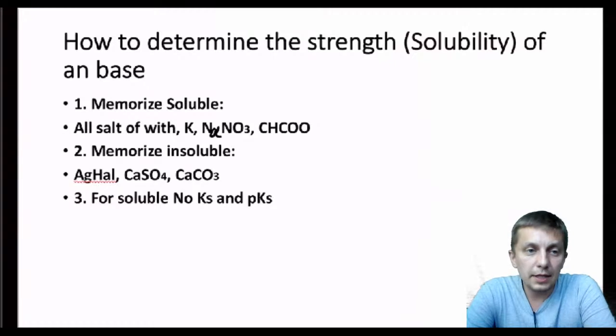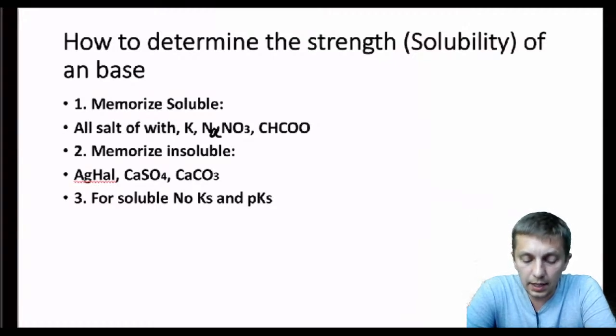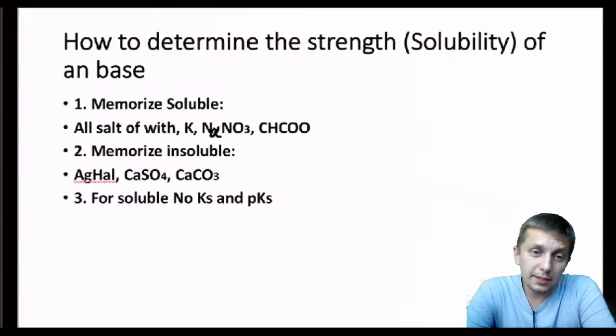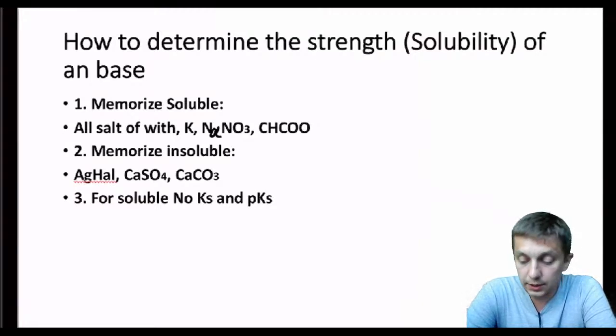All salts with these cations and these anions are always soluble. Almost all salts except silver, except halogenates, are always insoluble, and one of the most important insoluble salts is calcium sulfate and calcium carbonate.